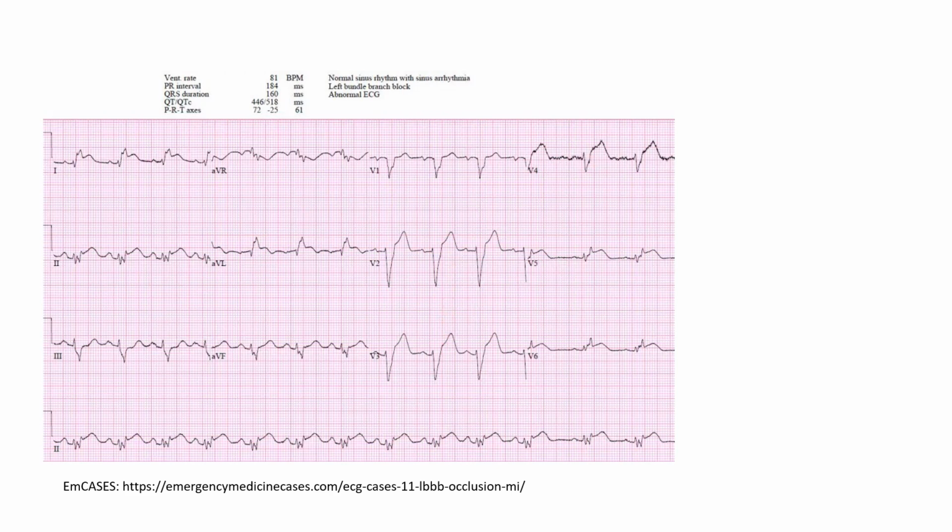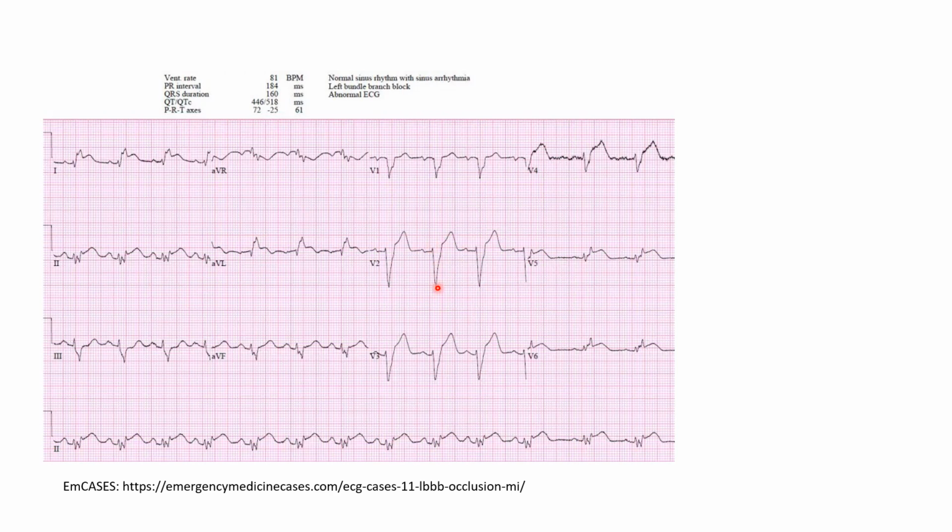So V2 to V4, I would like to look at with a zoom lens, because they might be fulfilling this. They might be inappropriate discordance. Concordance is QRS and ST elevations in the same direction.